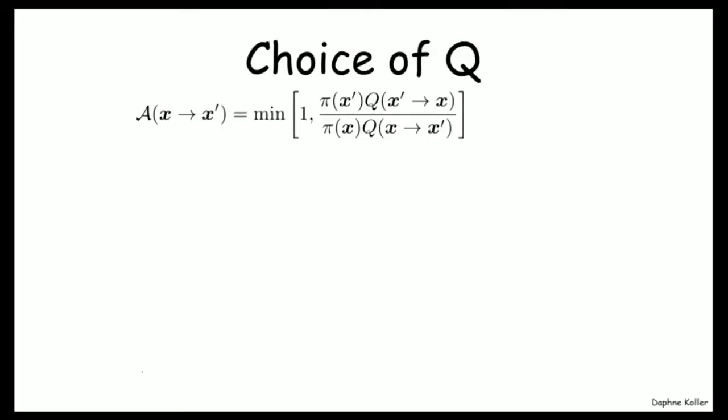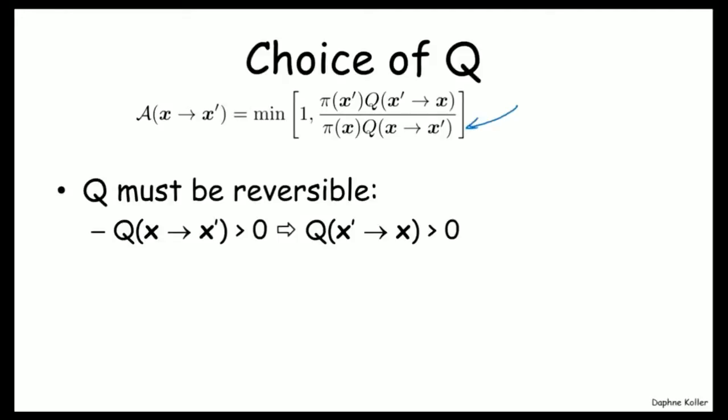One condition on Q is derived simply by looking at the form of the expression for A. We can see that this involves a ratio, and if you have a ratio, then one condition is that you better not have a denominator that's equal to 0. So one of the things we must guarantee regarding Q, in order for this to be a valid set of acceptance probabilities, is that Q itself must be reversible in the following sense.